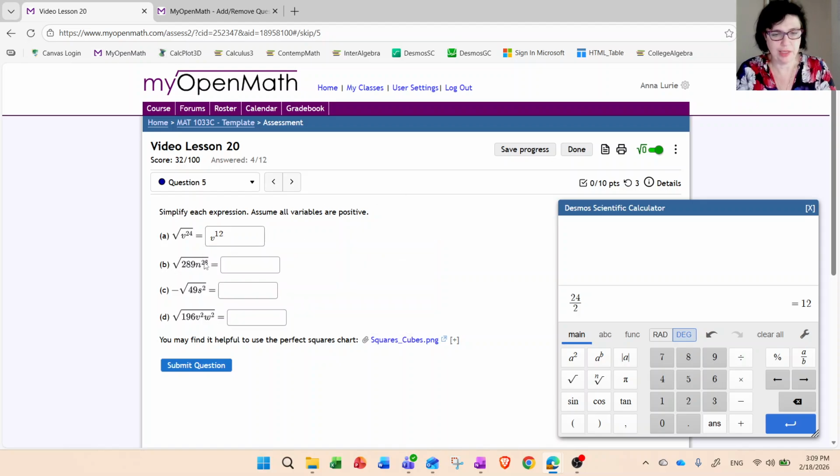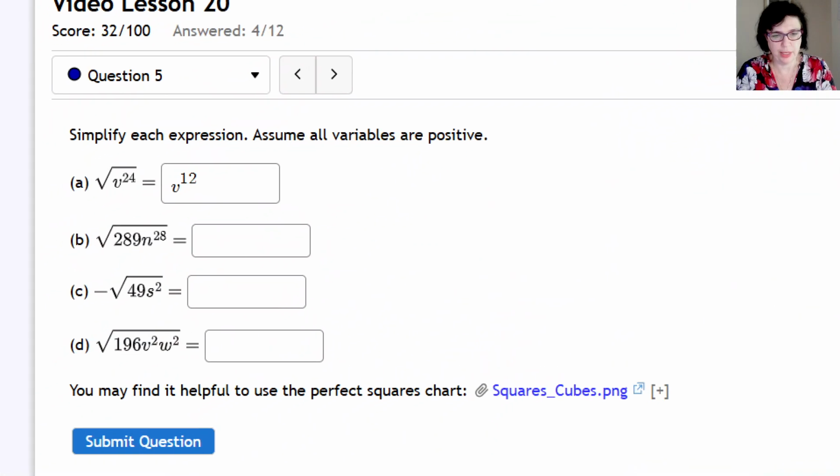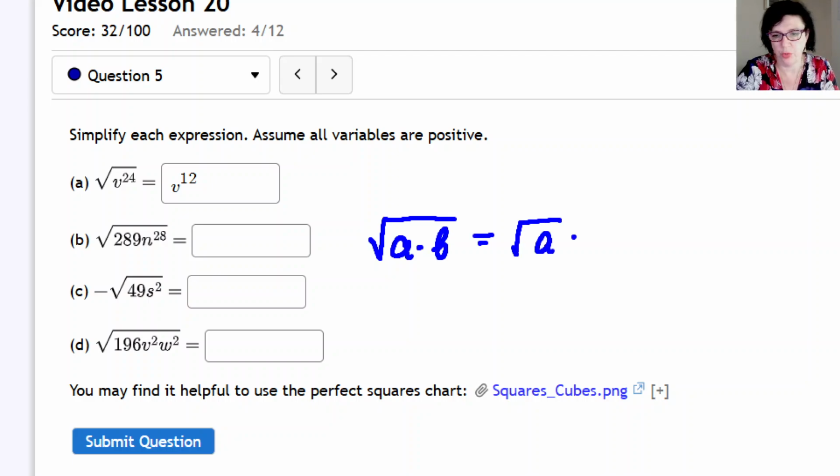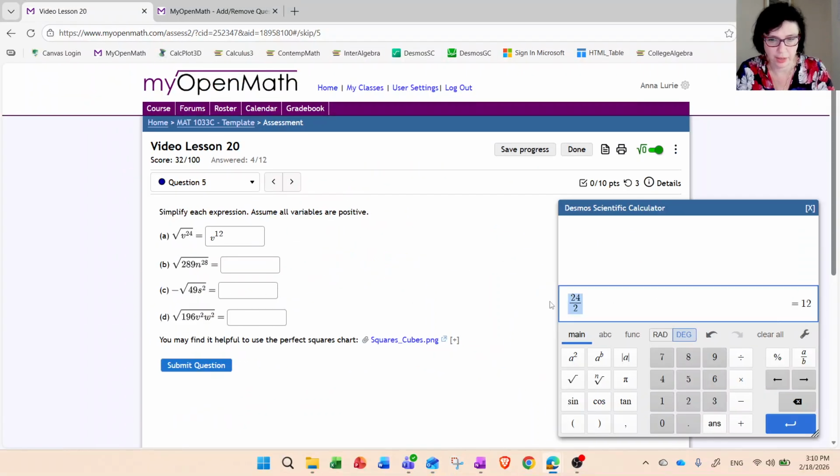Now, for the next one, what you're going to do is actually separate this problem into two. You have a rule that says that the square root of a product of two numbers can be found by just taking the square root of each one. So you can split the square root at the times. What that means is that you're going to take the square root of 289 separately on the calculator.